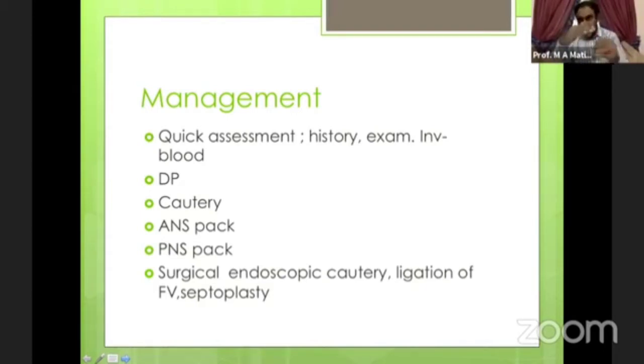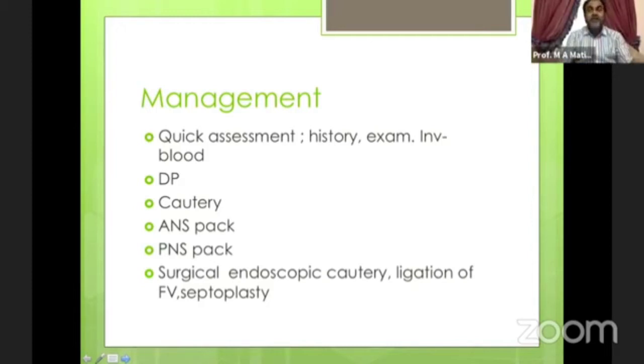So first is quick assessment, taking history as well as drug history, hypertension, and quickly taking blood for coagulation screen as well as group and plasma, and then take steps to stop bleeding.